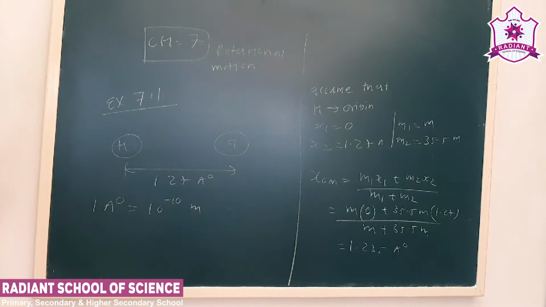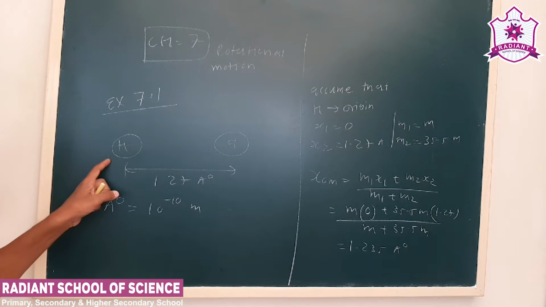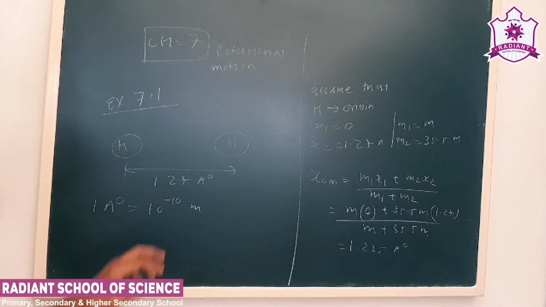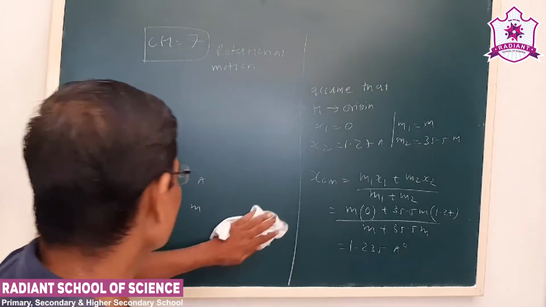This is a case of a one dimensional system, hydrogen chlorine particles separated by 1.27 angstrom. So this is about exercise sum number 7.1.